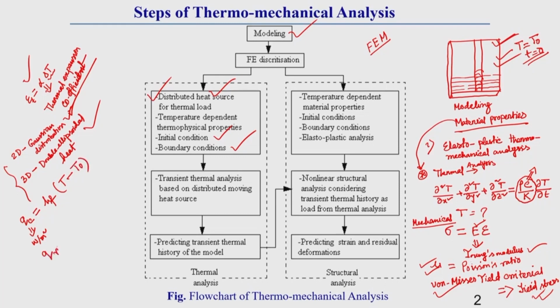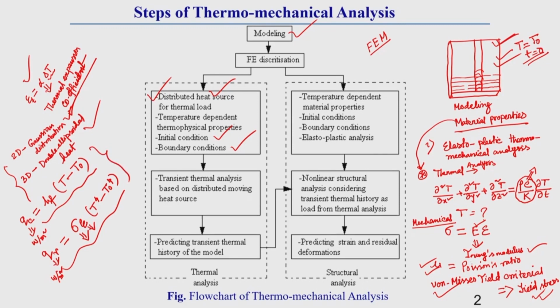Another one is the radiation heat loss boundary condition, equal to sigma into epsilon, where sigma is the Stefan-Boltzmann constant and epsilon is the emissivity, into (T to the power 4 minus T0 to the power 4). The unit is also watt per meter square. So, these are the two popularly used boundary conditions in thermal analysis.